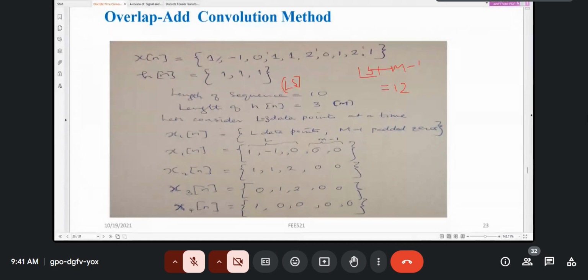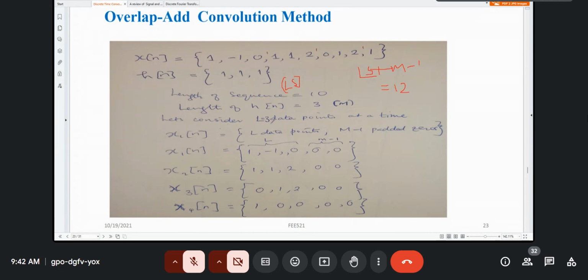But remember, we are using this sequence of 10 samples as an example, but we are trying to break it into smaller ones. Ordinarily, it will not be a length of 10. It will be many thousands of samples, which you break down into shorter blocks. But here we are using 10 as a long block, and we want to create shorter blocks, just for the purpose of demonstration of this overlap add.